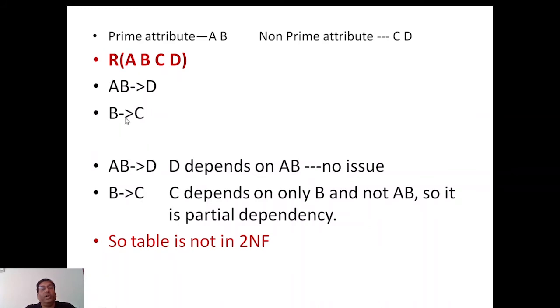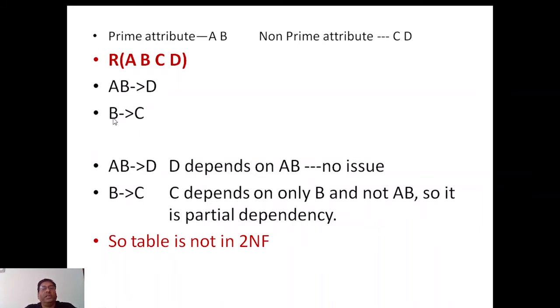Whereas C depends on B, where C is a non-prime attribute and B is a part of your candidate key. So there exists an attribute which depends only on part of your candidate key and not on the whole of the candidate key.